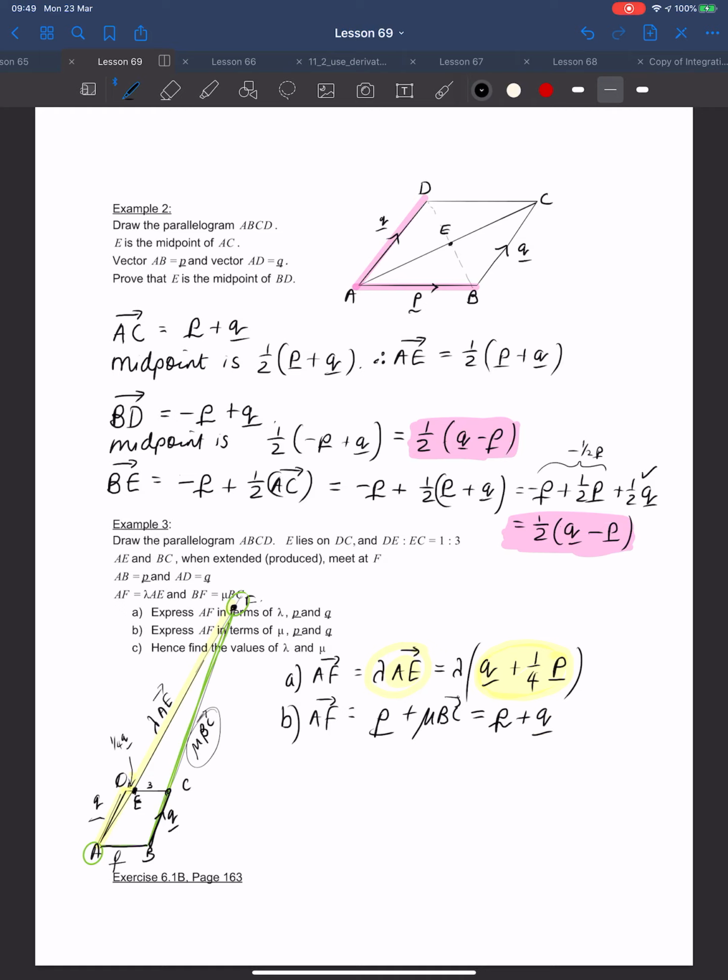So it's P plus mu Q. Okay. So hopefully you understand those.